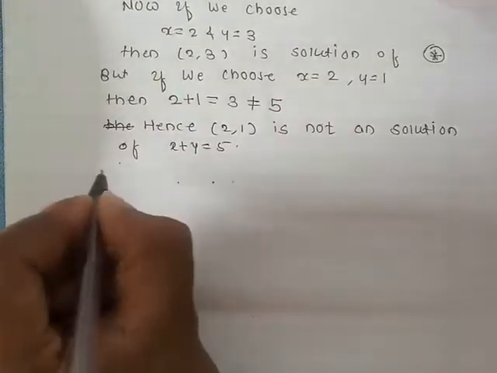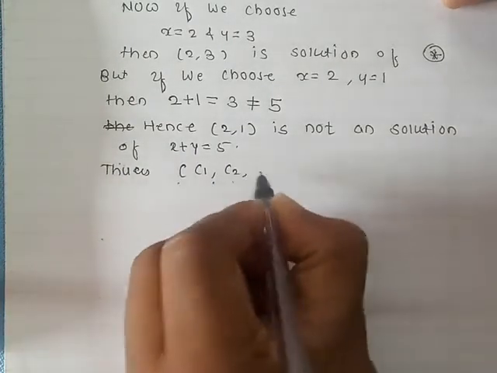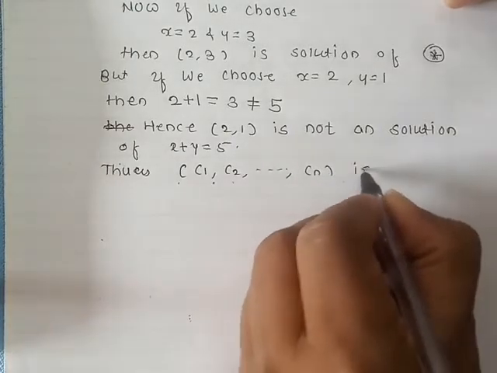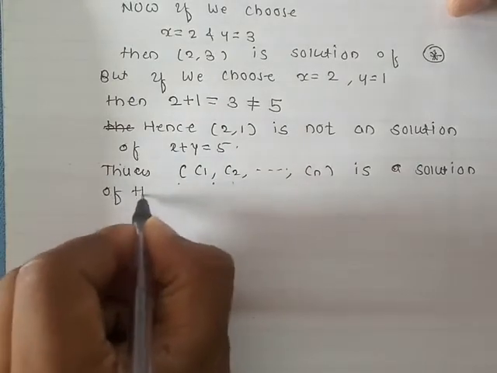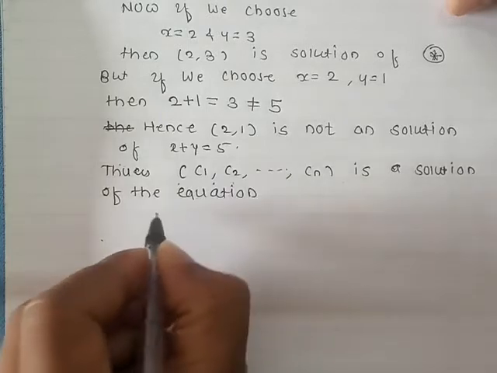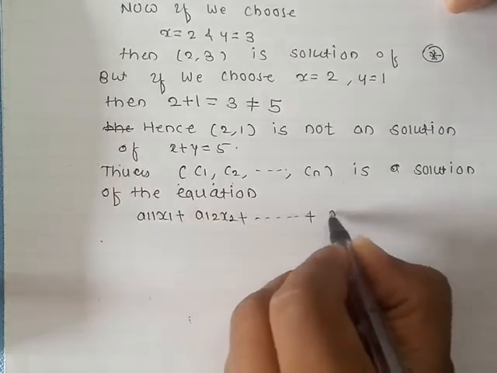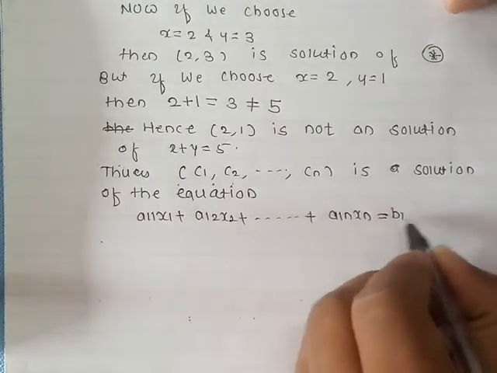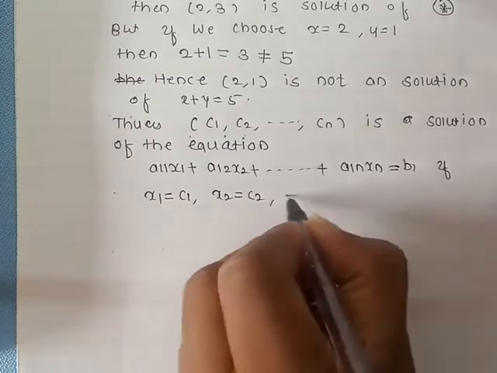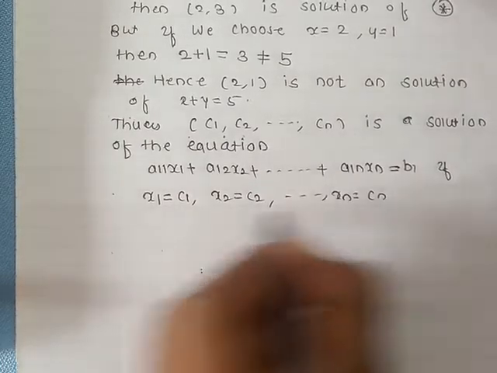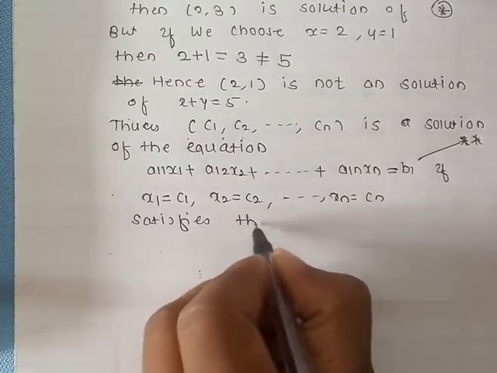So what is the solution then? Thus the n-tuple c1, c2, cn is a solution of the equation a11x1 plus a12x2 plus up to so on a1n xn is equal to b1, if x1 is equal to c1, x2 is equal to c2, and so on xn is equal to cn satisfies the equation.